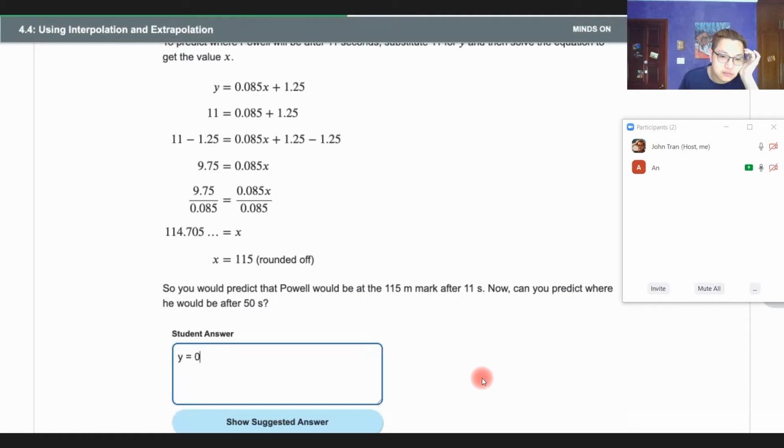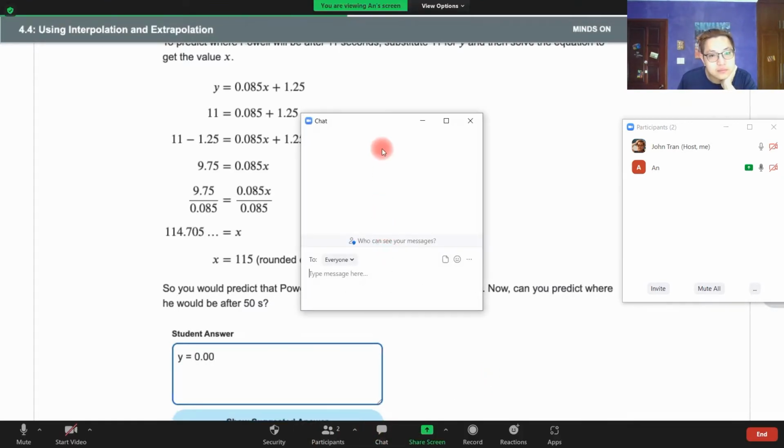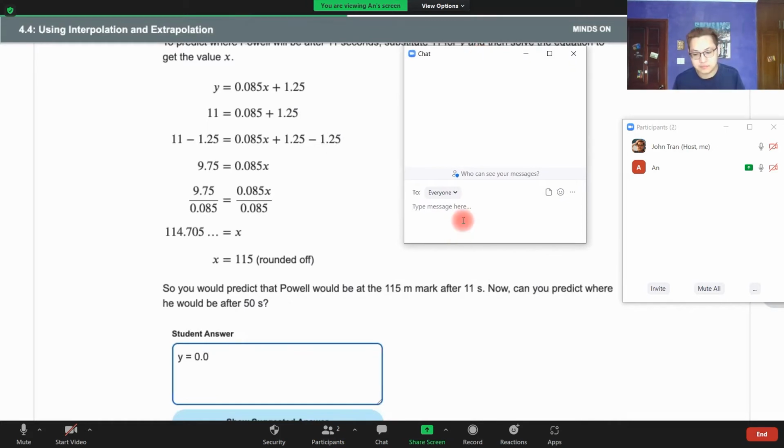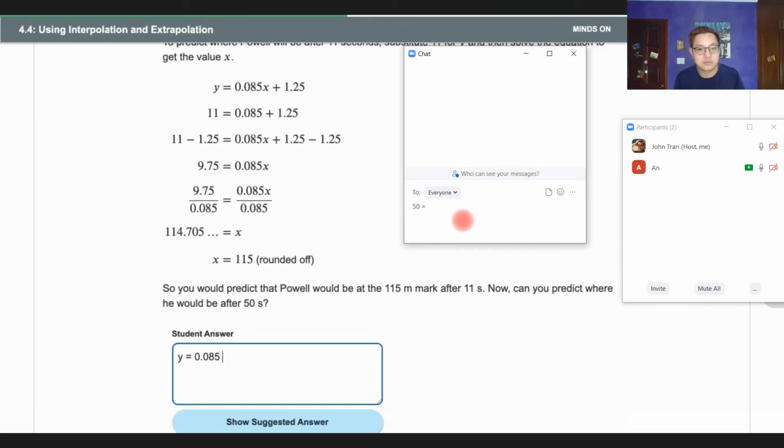Okay, 50 seconds. So y equals 0.085x plus 1.25. You substitute y with 50, so 50 equals 0.085x plus 1.25.